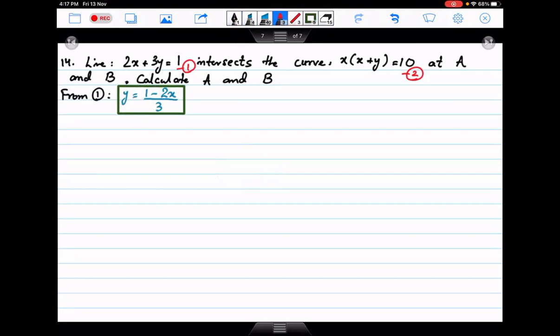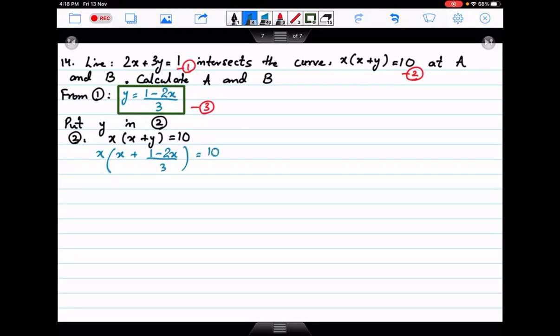So we have the value of y, that becomes equation 3. So now we should be putting the value of y in equation 2, while equation 2 is x into x plus y is equals to 10. So instead of y, I will write 1 minus 2x upon 3 is equals to 10.